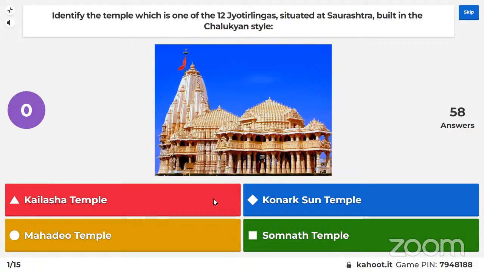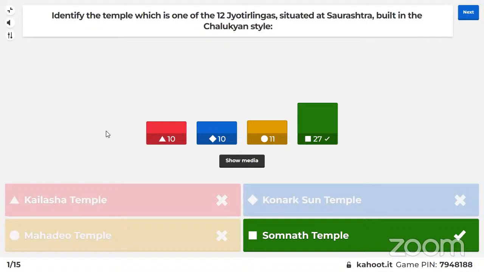That is Somnath Temple, in the Veraval district in Gujarat. It is considered one of the most sacred pilgrimages for Hindus and the first among the 12 Jyotirlingas.